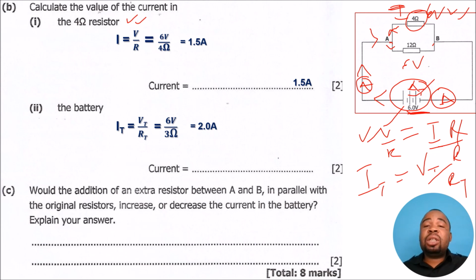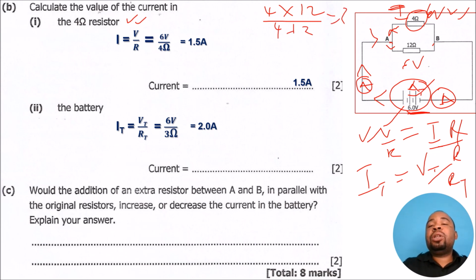What is the total resistance? From the previous question, we found our effective resistance as product over sum: 4 by 12 divided by 4 plus 12. That's how we got our 3. So our effective resistance in the circuit is 3 ohms. We do 6 divided by 3 and we get 2 amps.